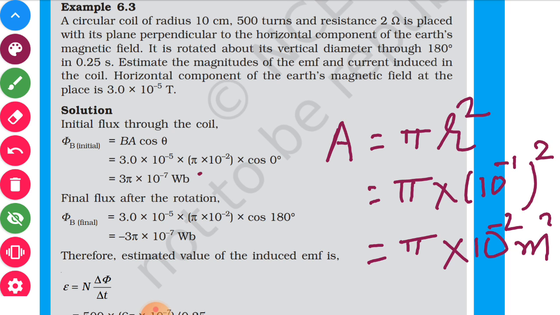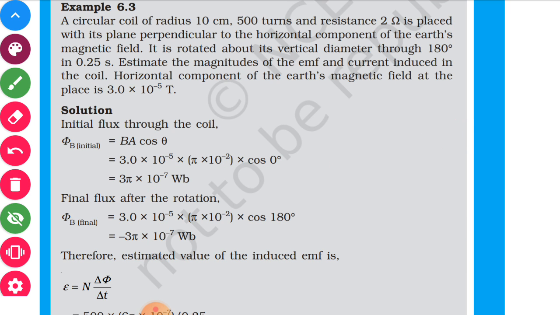This is the magnetic field, and cos 0 is 1. So simplified you will get 3 pi into 10 raised to minus 7 Weber. Then the final flux. Now it is rotated by 180 degrees, so instead of 0 degrees we write 180. The answer remains the same, but the sign becomes negative because cos 180 is minus 1.